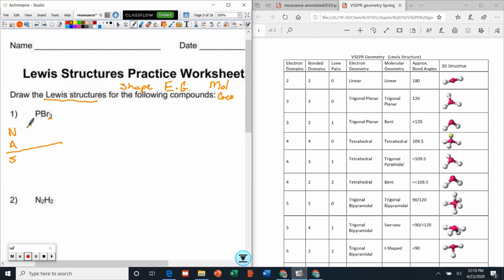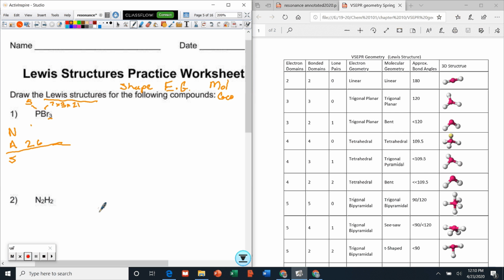So phosphorus is in group 5A, so phosphorus is going to have 5 electrons around it. Each bromine is going to have 7, and there's 3 bromines, so that means there's 21. So as far as available electrons, that's going to be 5 plus 21 is 26 electrons available.